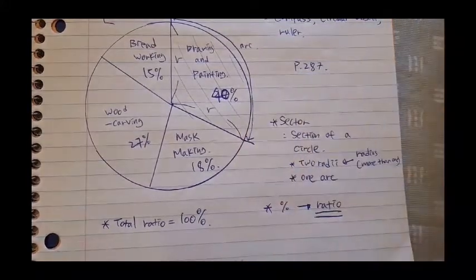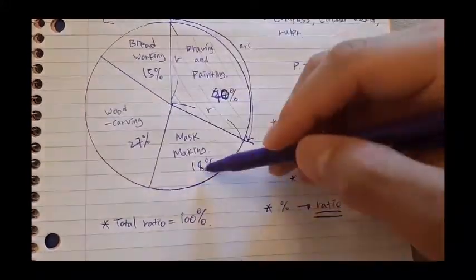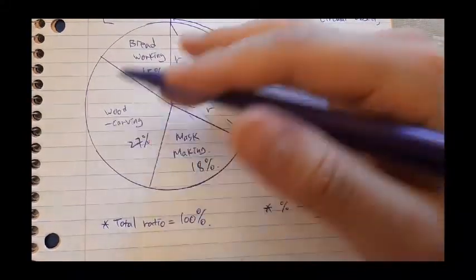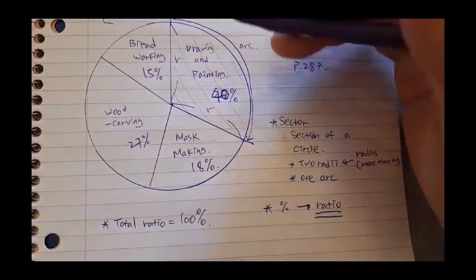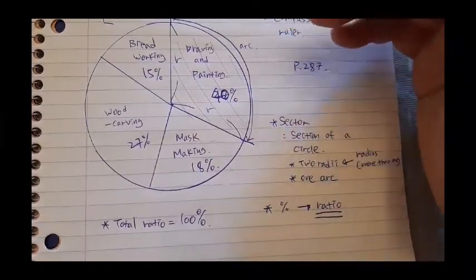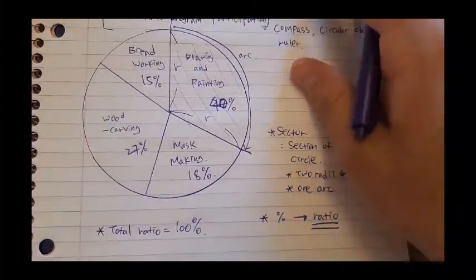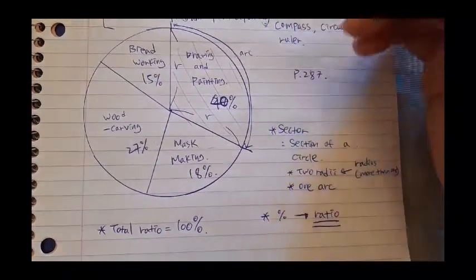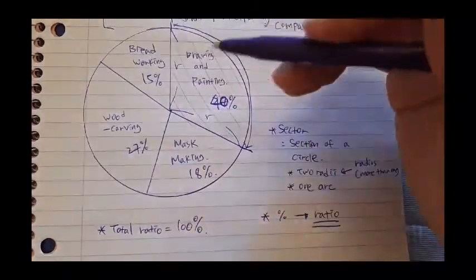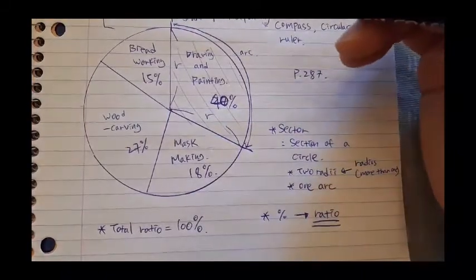So if you add everything up, and it's smaller than 100 or somehow not equal to 100, or bigger than 100, that means you need to do some modification. It is not a full circle graph.